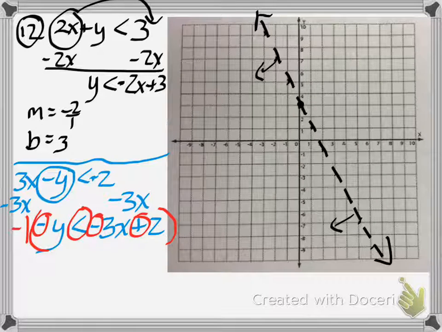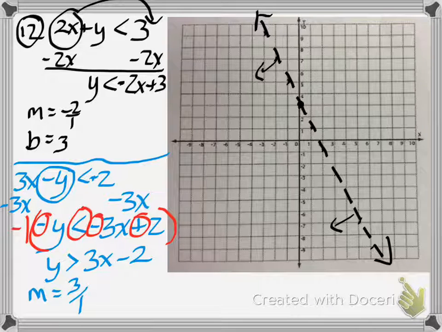And so when we rewrite this, y is greater than 3x minus 2. So my slope is positive 3 over 1, and my y-intercept is negative 2.